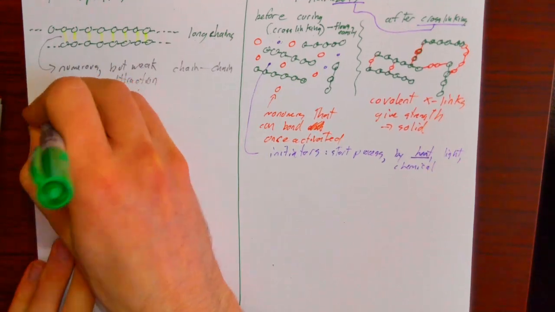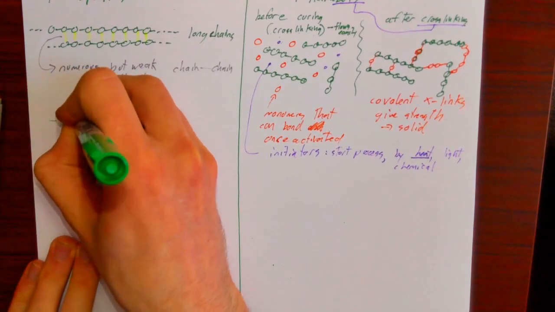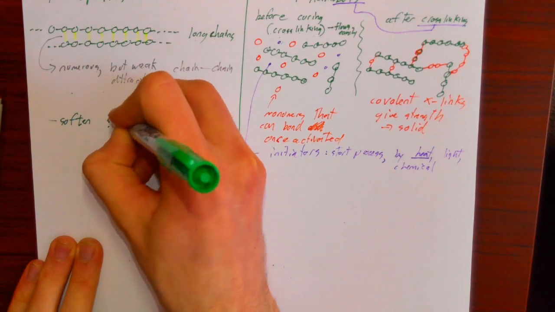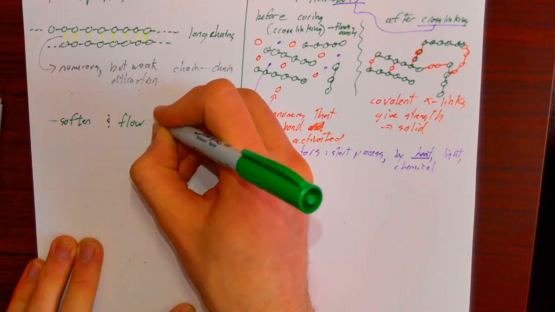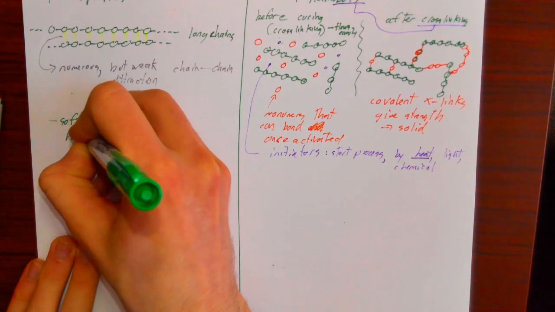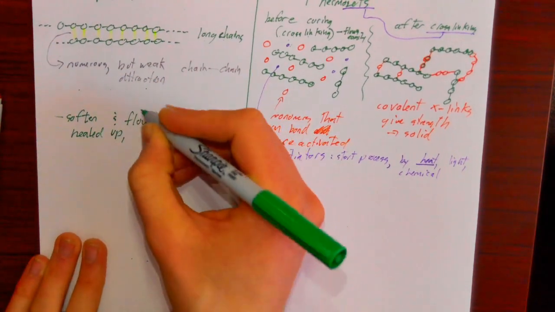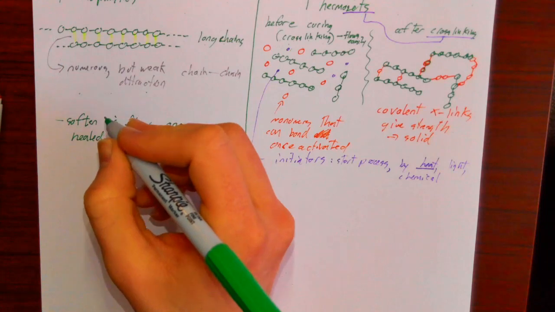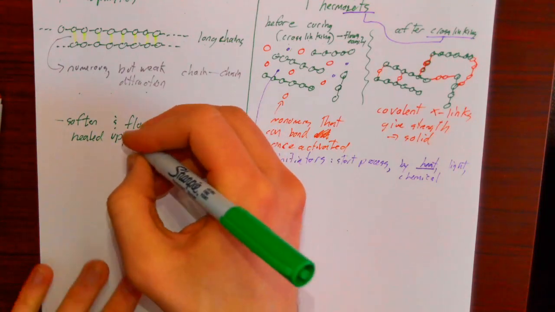Thermoplastics basically soften and flow once heated up. And they regain some stiffness and strength once they cool down.